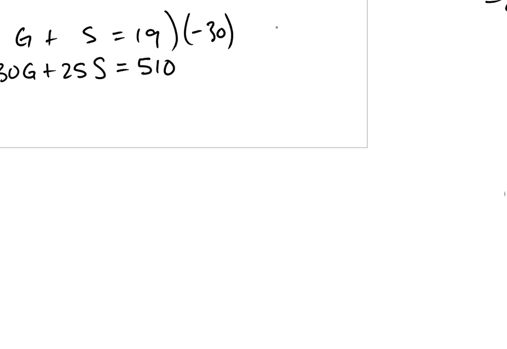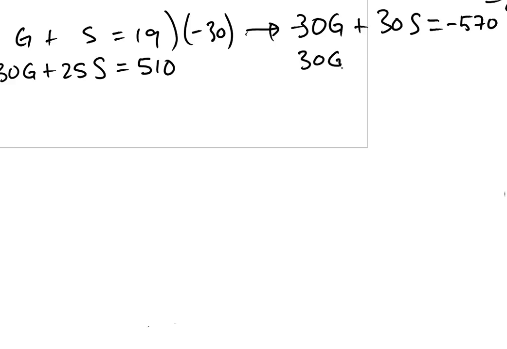This first equation becomes negative 30G plus 30 S's equals, what's 30 times negative 19? What is it? Negative 570. Okay, the other equation I'll just rewrite, right? It's positive 30G plus 25 of the S's, and that equals positive 510.